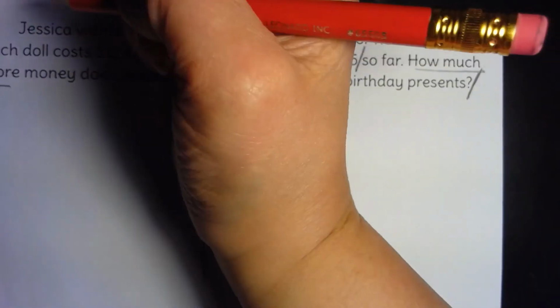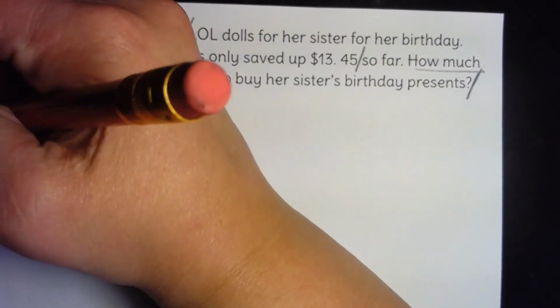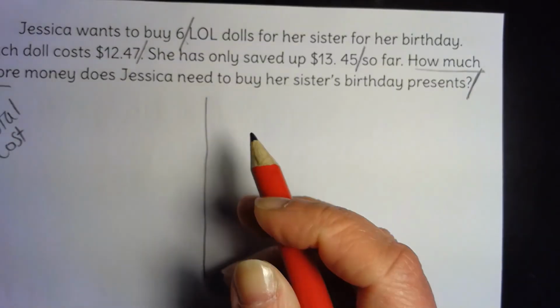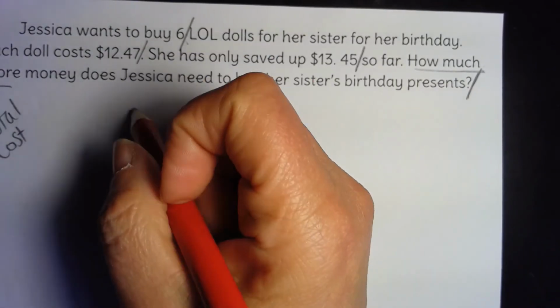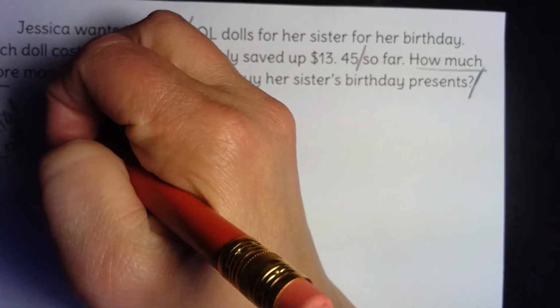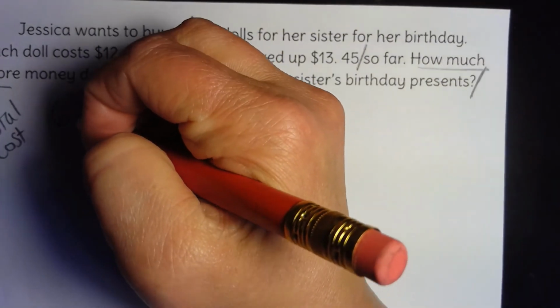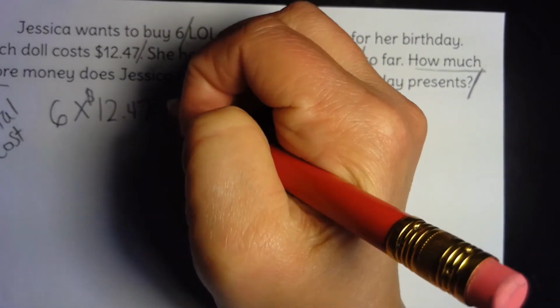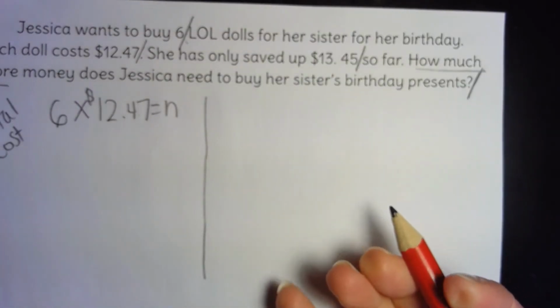Okay, so let's figure out the total cost. And we're going to do that by figuring out if there are 6 dolls and they each cost $12.47, how much is that in all?